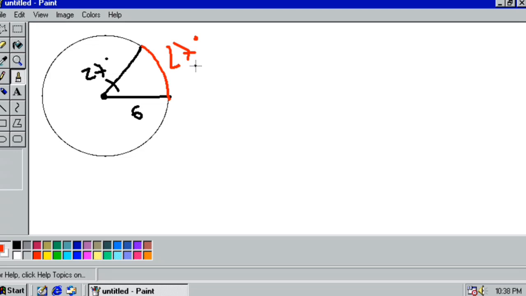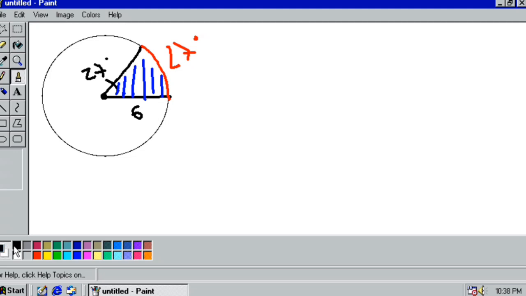So let's find the area of a 27 degree arc. It's a radius of 6 with an angle of 27 degrees. So let's find the area of this portion here, just the shaded part.